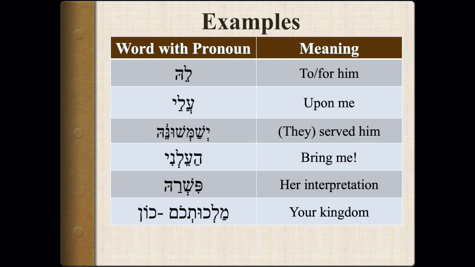The first one, the preposition lamed with tseri he mapik, the pronoun added to it, meaning to or for him. The second instance, alai, upon me. And the third, this is a pronoun added to a verb, yeshama shune, and it means they served him.